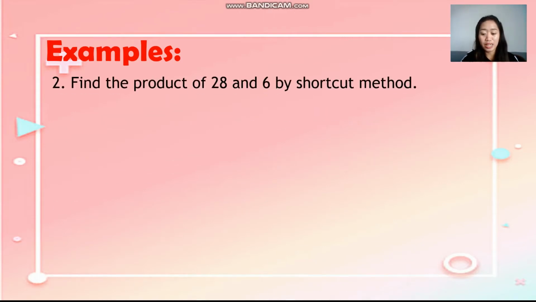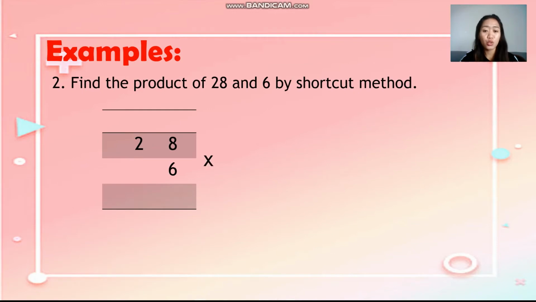We have another example. Everybody, let's read number 2. Find the product of 28 and 6 by shortcut method. We have here 28 times 6.